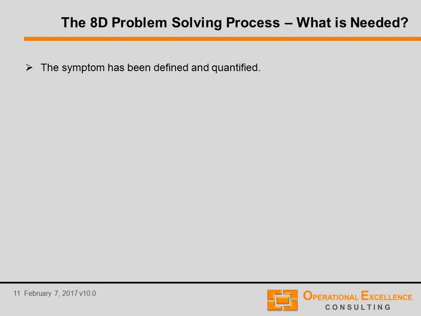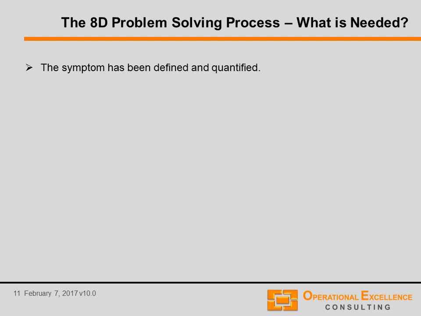To start the 8D problem-solving process, we need a few things. And sometimes this is called phase 0 or discipline 0, which makes this a 9D problem-solving process. First thing we need is to make sure we have a symptom. You remember, a problem-solving process always starts with a symptom.